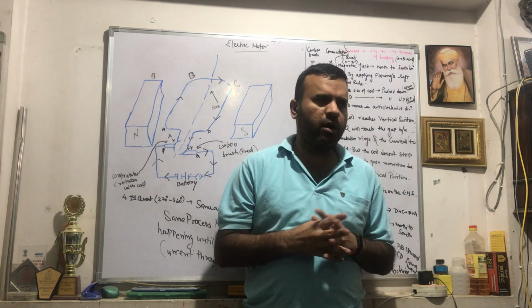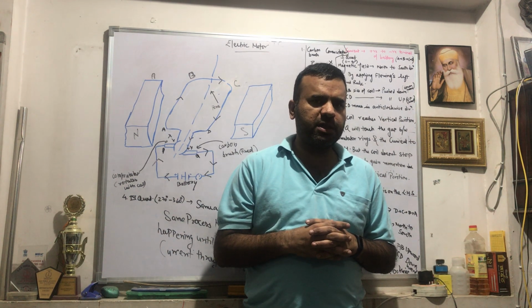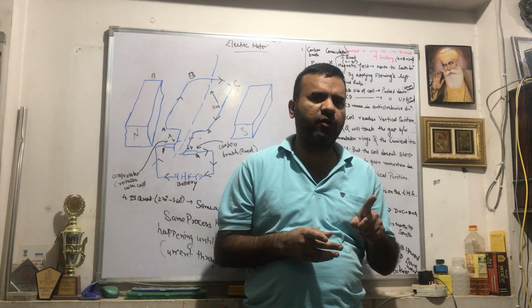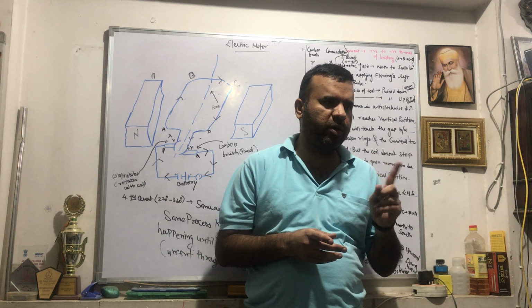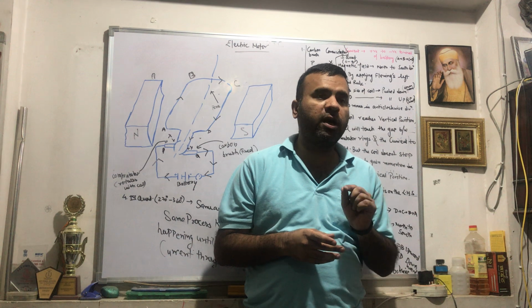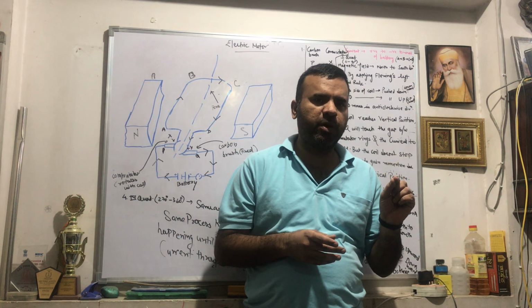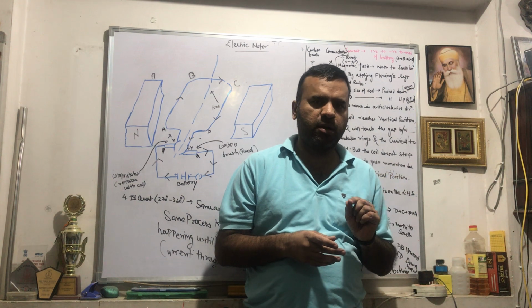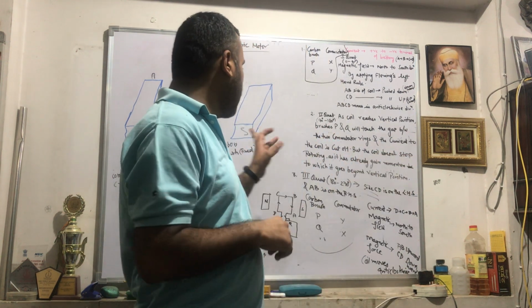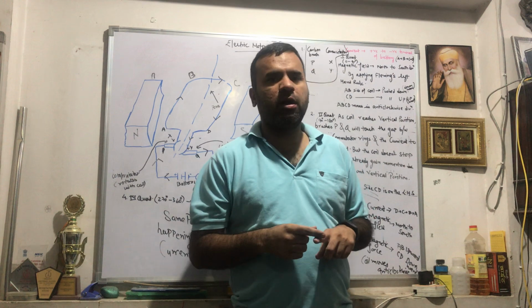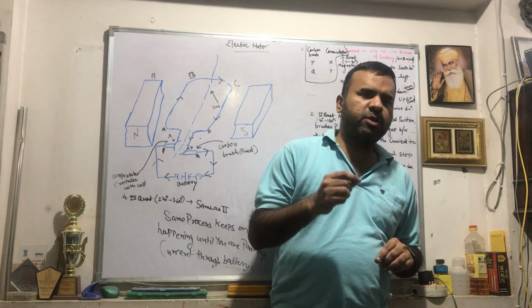Now we are coming to the principle. The principle is same as kicking wire experiment, as I've told you in previous lecture also. The only difference is that in case of kicking wire experiment, we are using a straight conductor, but in case of electric motor, we are using a rectangular coil, right? Principle is very easy.